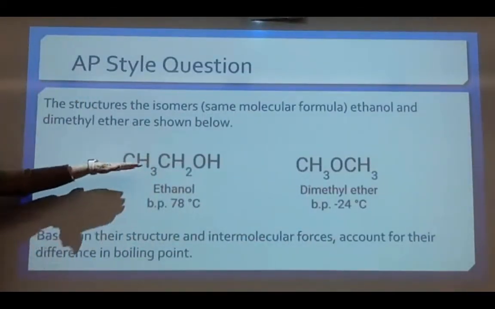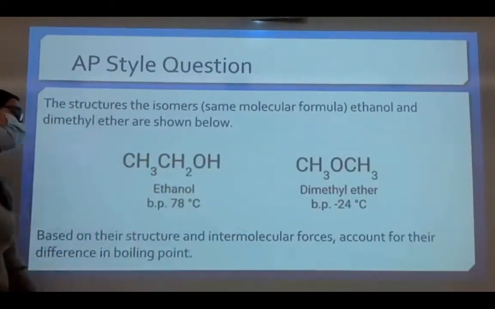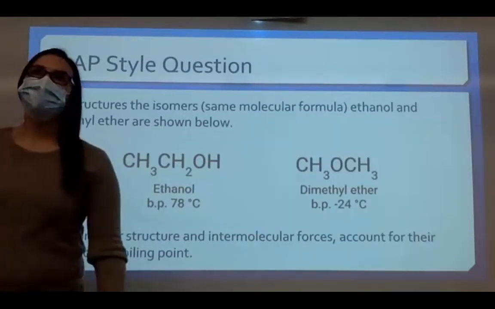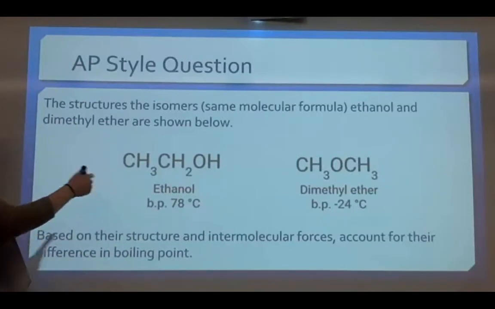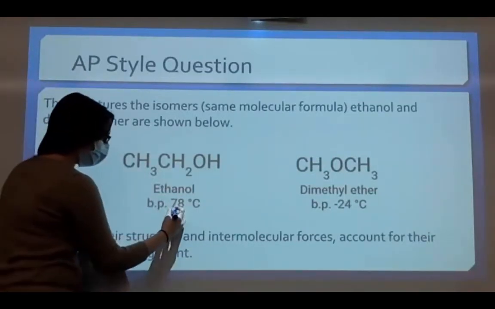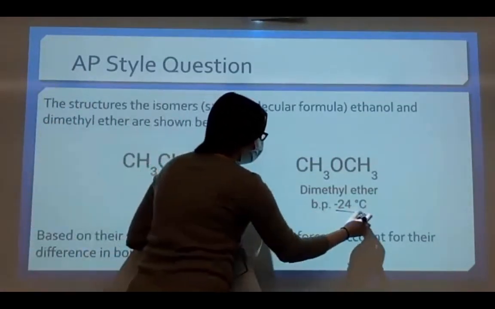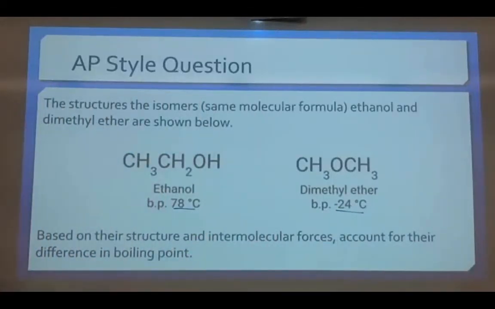They give us the structures, and it says, based on their structure and intermolecular forces, account for their difference in boiling point. Okay, so we're looking at boiling point here. Ethanol is 78 degrees Celsius, dimethyl ether is negative 24.